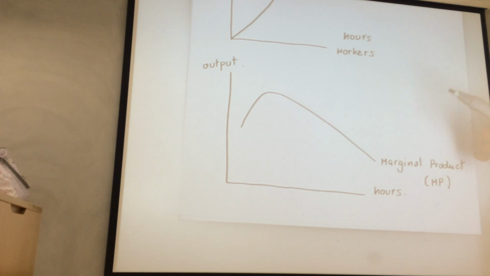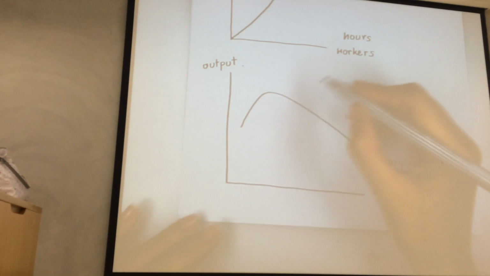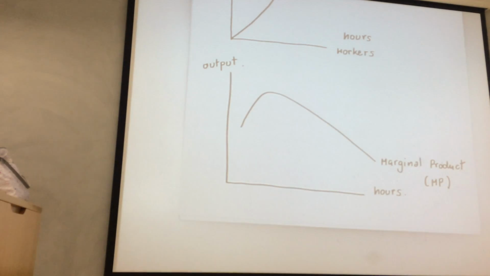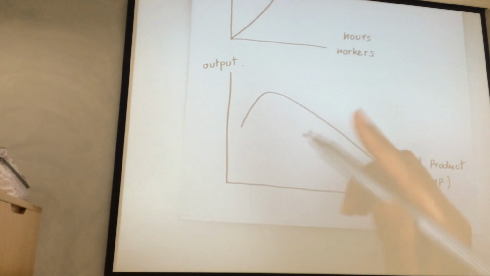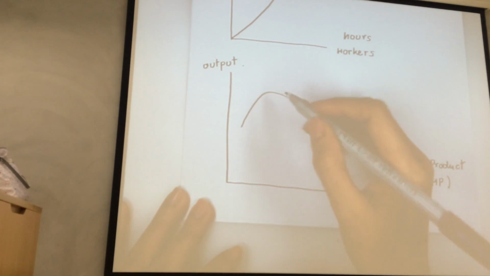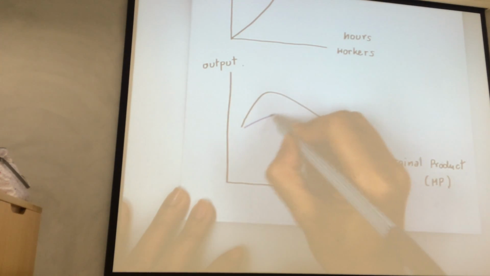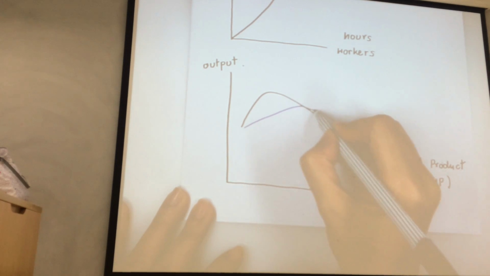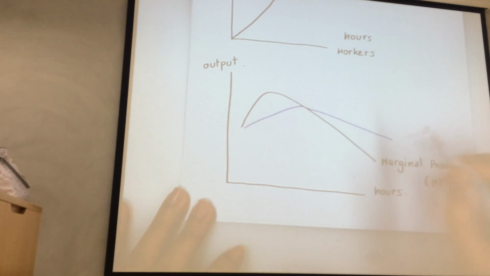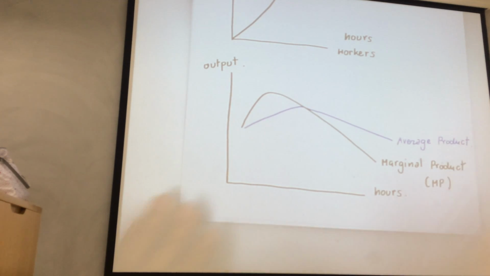And you can write another thing which is average product, right? Average product will look something like this, so that's the average product.